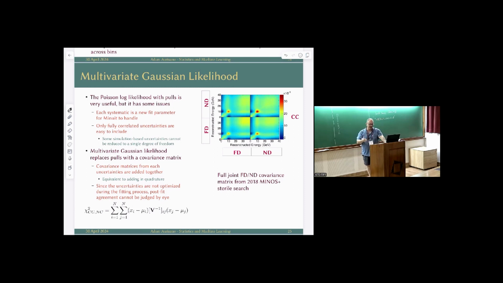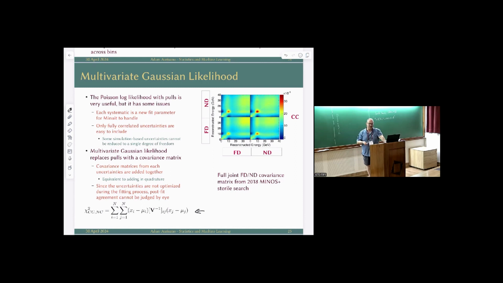So you could naturally handle it a different way. The multivariate Gaussian replaces pulls with a covariance matrix using this sort of chi-squared equivalent. You can calculate a covariance matrix per systematic, and then you add up all the covariance matrices to get your final covariance matrix. That's just equivalent to adding your uncertainties in quadrature in a correlated way.